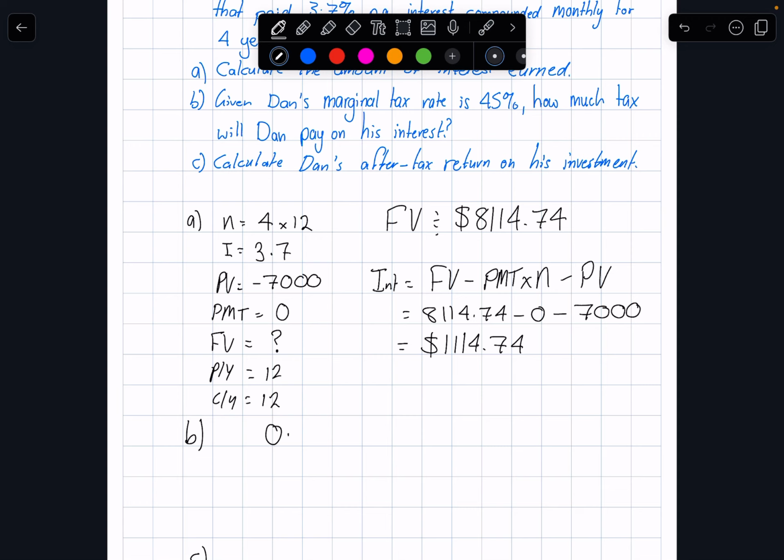So let's calculate how much tax he's going to pay. He's going to get taxed 45% of the interest earned in the 4 years. So on our calculator, 0.45 times 1114.74, we end up that Dan gets taxed approximately $501.63.